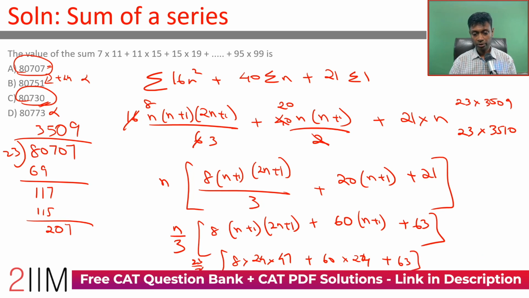So this becomes 8, 8, 21. 60 into 8 is 480. This is 21. This also does not end in a 0. So 8 into 8 is 64, 4 plus 7, 28. It ends in a 1. So this should be this. This number does not end in 0. I'm going to go for this.